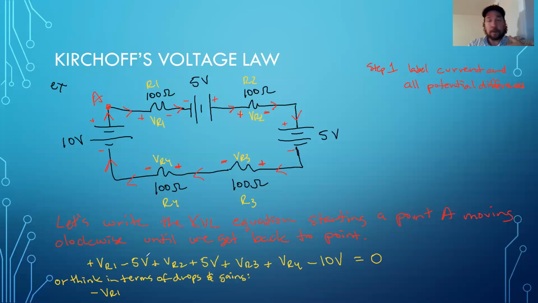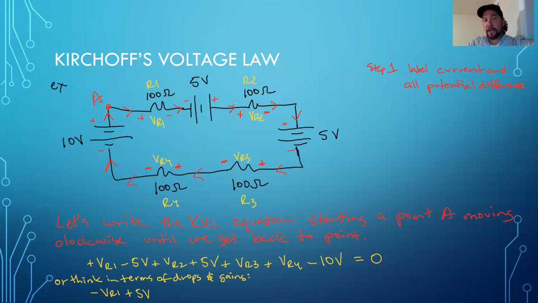We're going to see in the end the two equations are exactly alike, and it's because of this 0. So my VR1 is a loss, right? Because we go from higher potential to lower. So I lose VR1, so minus. This is minus plus, so I'm gaining 5 volts. So it's plus 5 volts.